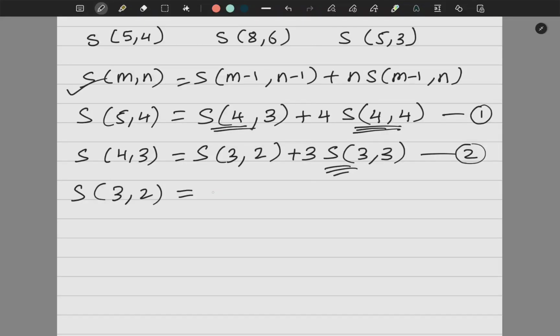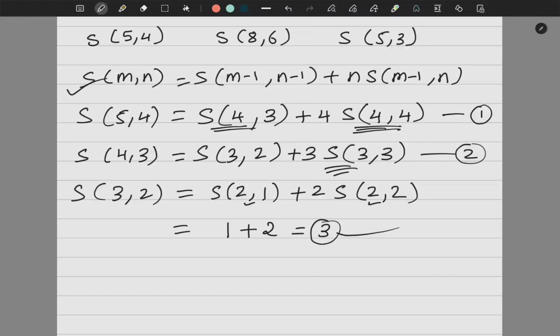Now this will be S(2, 1) plus 2 S(2, 2). Now you know this also and you know this also. So this value is 1 plus 2, that is 3. Now this value 3 you substitute here.